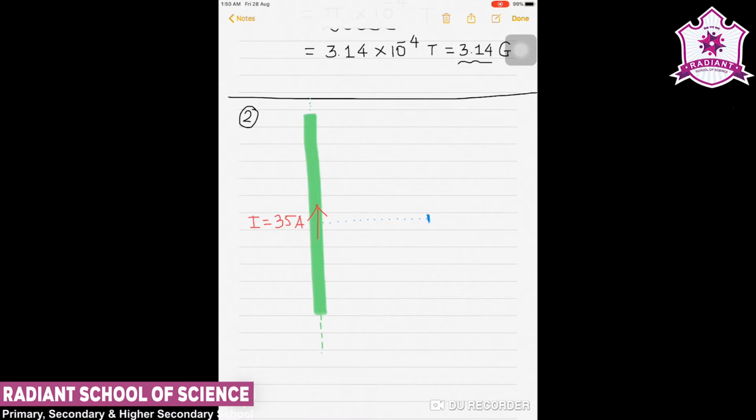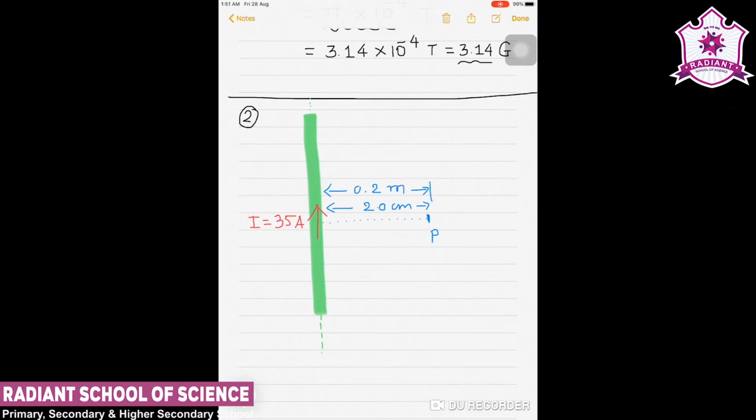Say this is point P, and at this point P the distance is 20 centimeter from the wire, that is 0.2 meter.